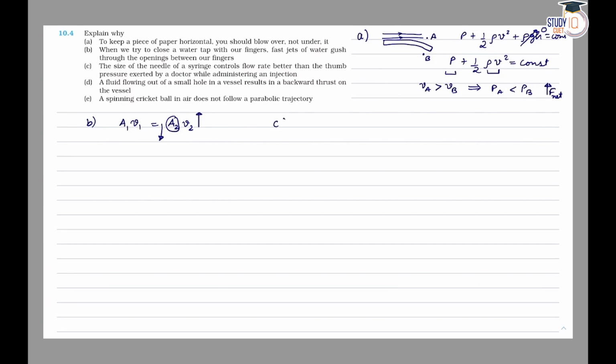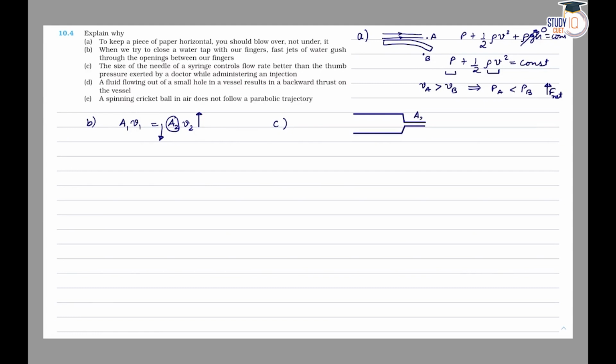Now C, it says the size of the needle of a syringe controls flow rate better than the thumb pressure exerted by the doctor while administering the injection. Now you see this is a syringe and this is the end of the syringe from which the fluid comes out, and this is of much lesser cross section area.